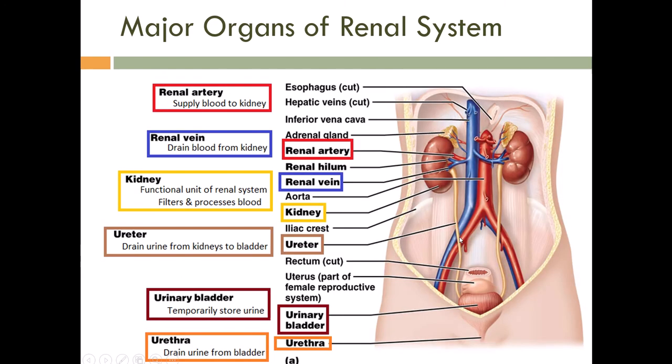And in fact, really the functional unit for your renal system is the kidney. Everything else, the ureters, which drain the urine from the kidneys, the bladder, which stores the urine temporarily, and the urethra, which excretes the urine out of the body, are essentially just tubes and a storage tank through which the urine that was made in the kidneys can travel in order to get out of the body.